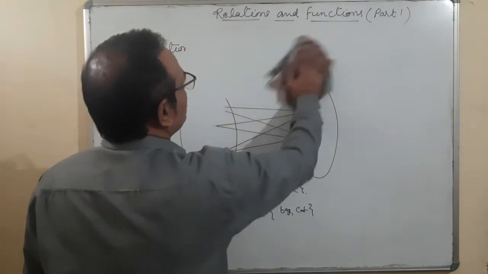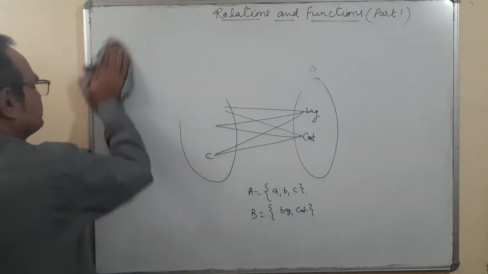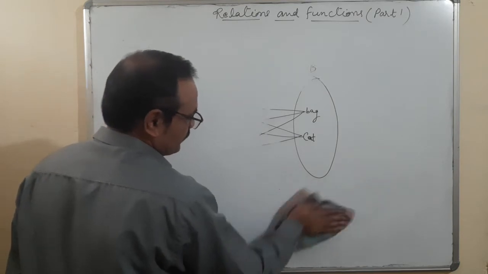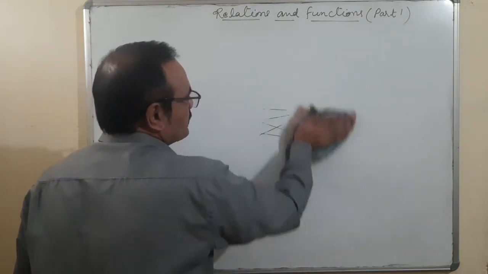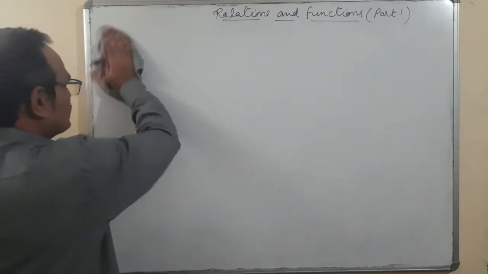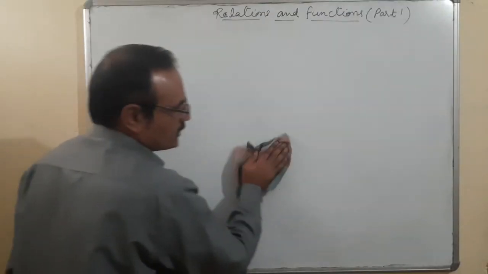With one example, we'll try to understand it. A relation between two sets means the elements of one set are mapped with the elements of another set.